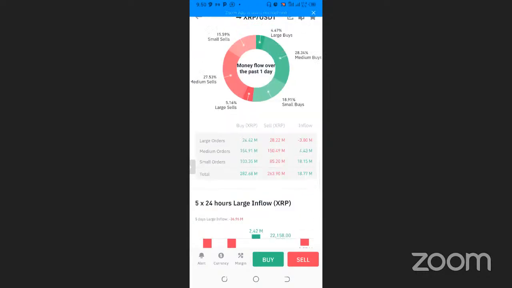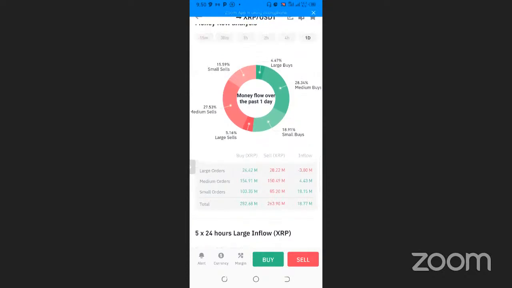Okay, all right. So let us look at the XRP. We are having the largest order at 24.40, and the buyers are 28.22 million.